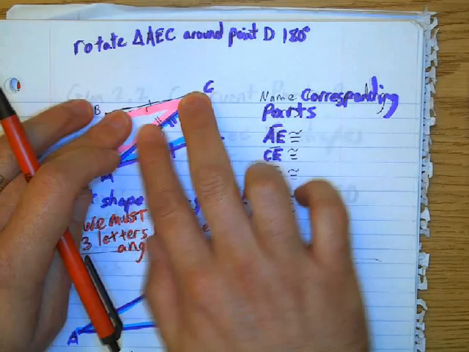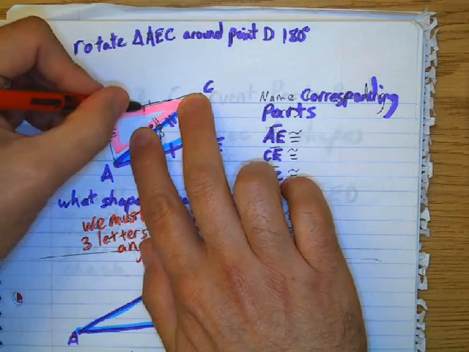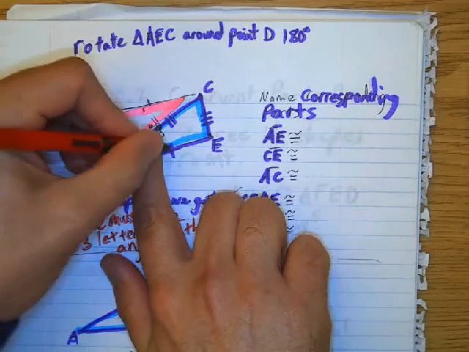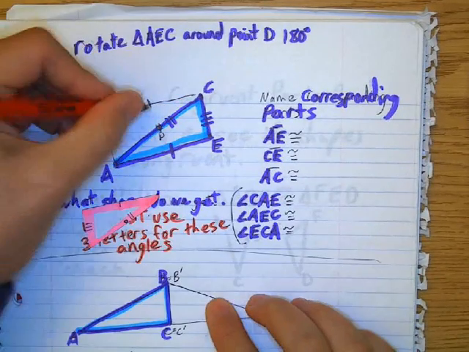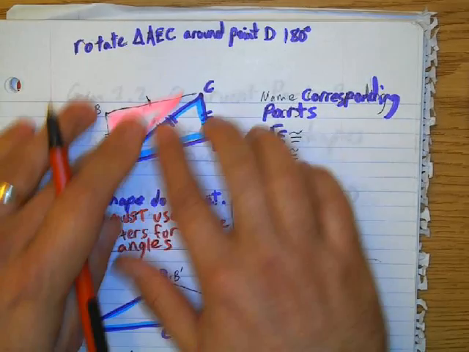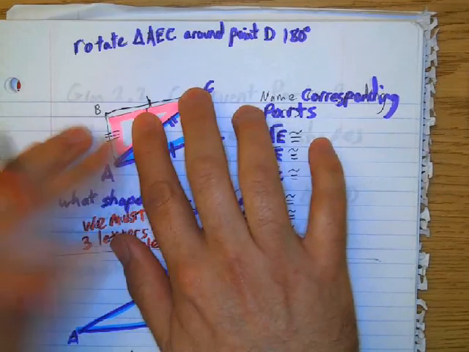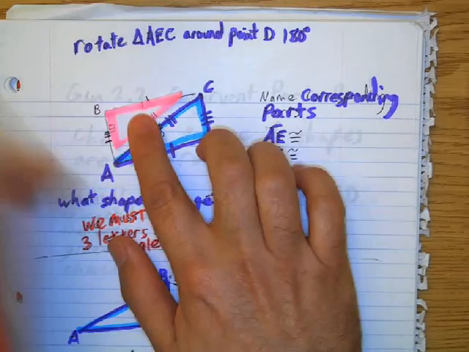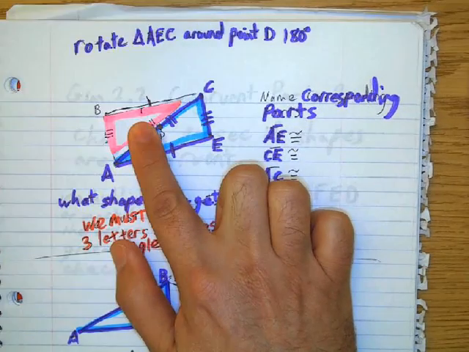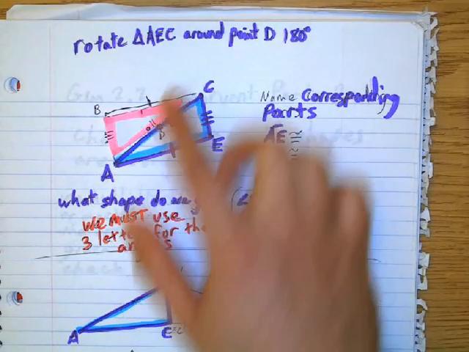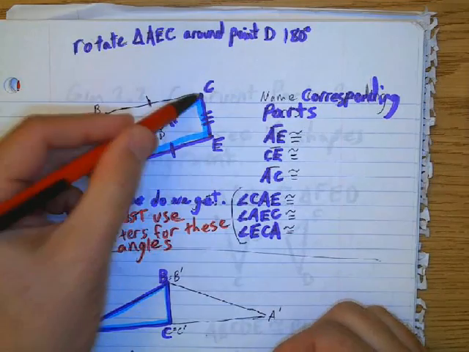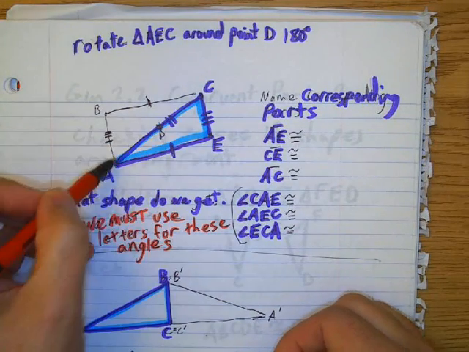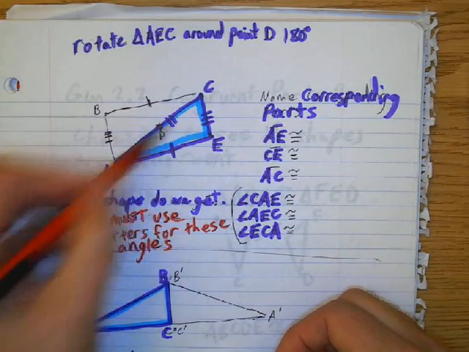By doing this, this side here is the same length as this side here, isn't it? And when I've rotated it, this side here is the same length as this one over here, right? And since I've rotated on this one, it's the same as itself. On both triangles, AC is the same.